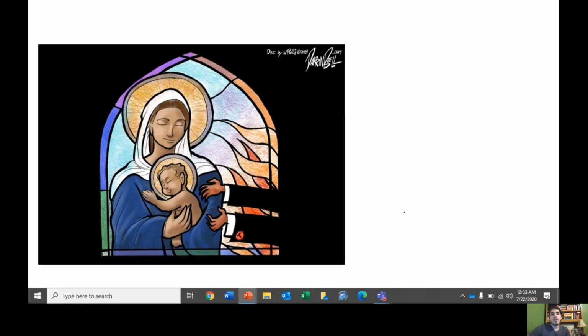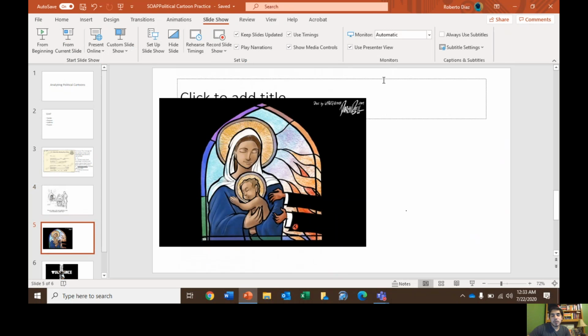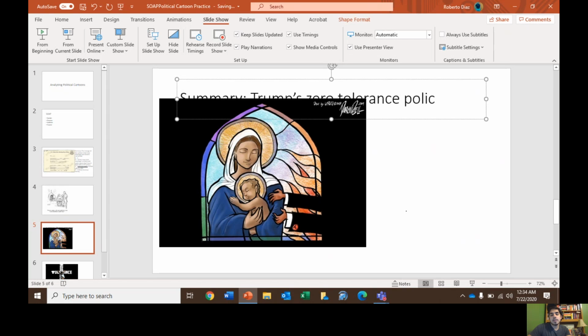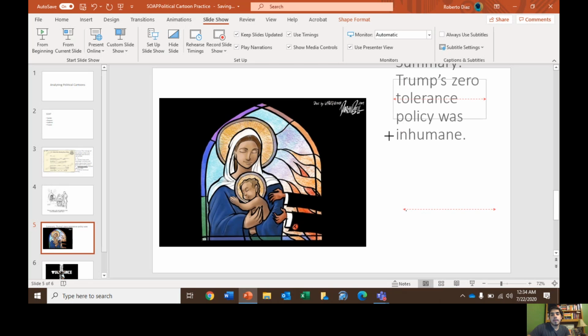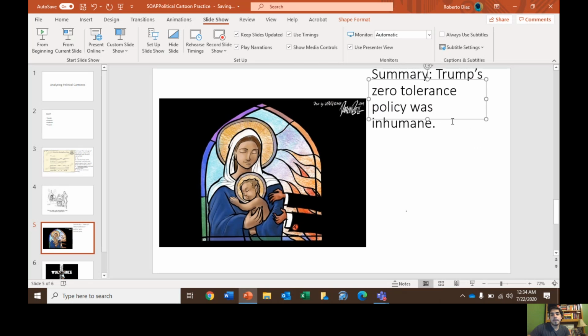And so I think the summary of the main message of this political cartoon is pretty obvious, right? Given the information I gave you. The summary would be Trump's zero tolerance policy was inhumane. Right?